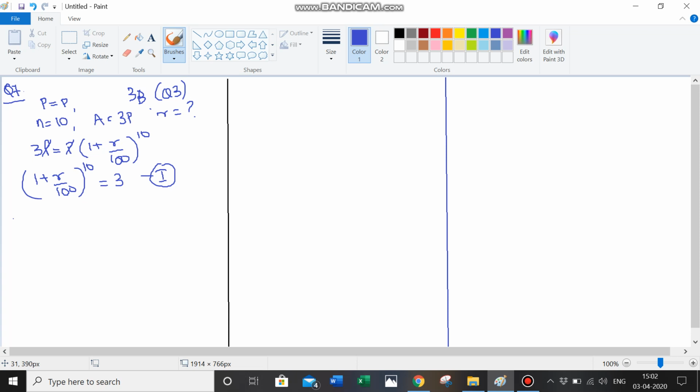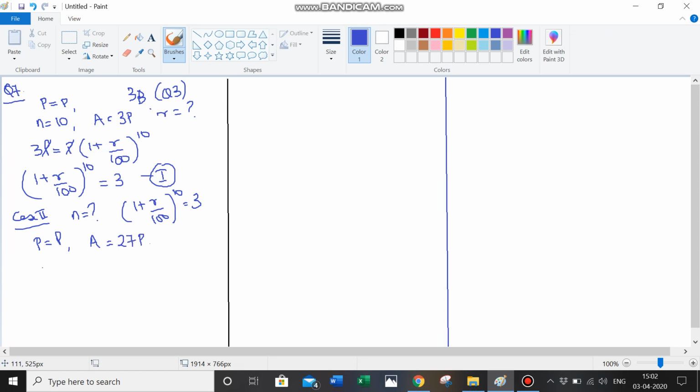Okay, so this is case 2. When we talk about case 2, N is equal to question mark, R is the same as this, so what we know is 1 plus R upon 100 raised to the power 10 is equal to 3. We could calculate R, but we will leave it here only. And P is equal to P, and amount is equal to 27 times, which means 27P.